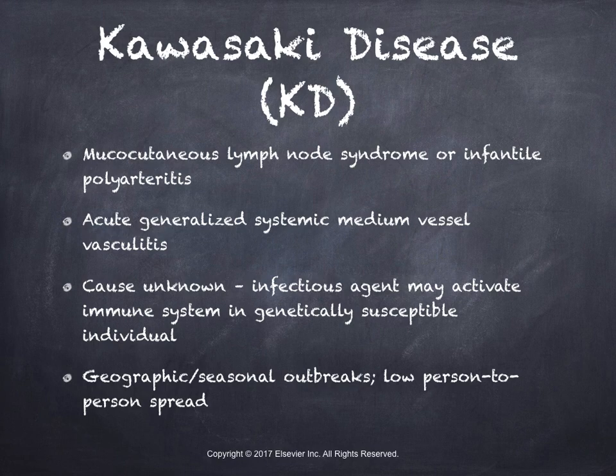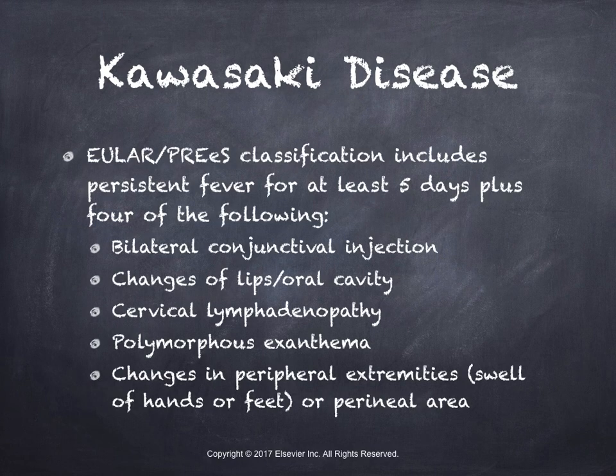There's low person-to-person spread. There's a classification syndrome system, which includes persistent fever for at least 5 days, plus 4 of the following: bilateral conjunctival injection without discharge, so just injected conjunctiva.